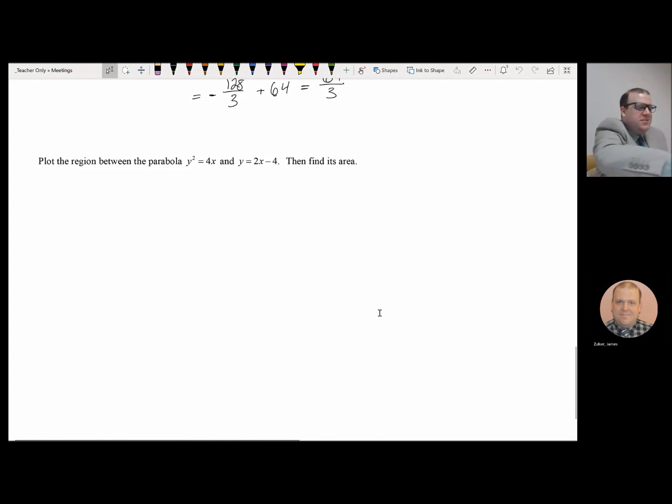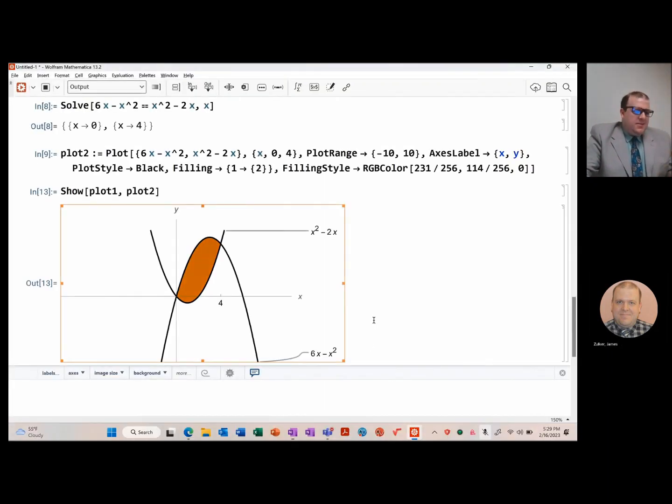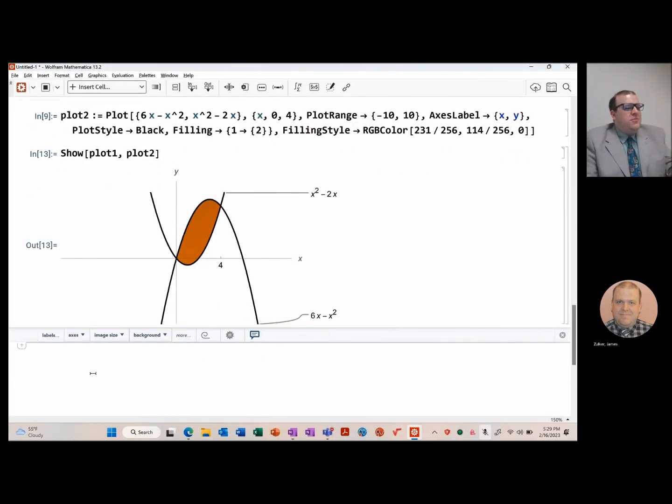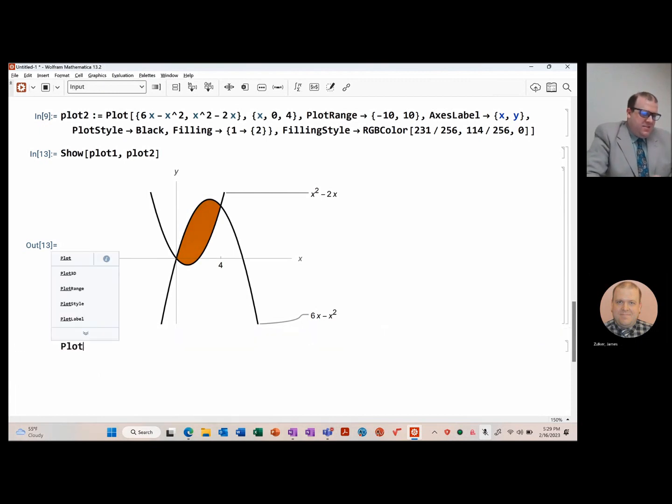Well, the first thing is let's just go ahead and get a plot, and I'll figure out what to do from there. All right, so I can't use Plot, right, because Plot is for y equals f of x.